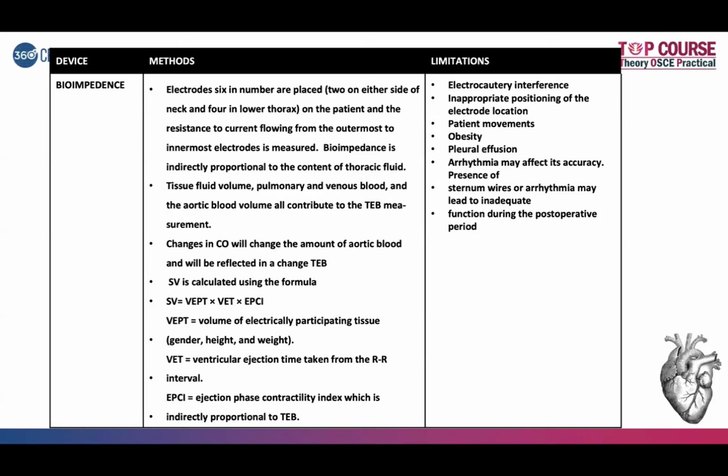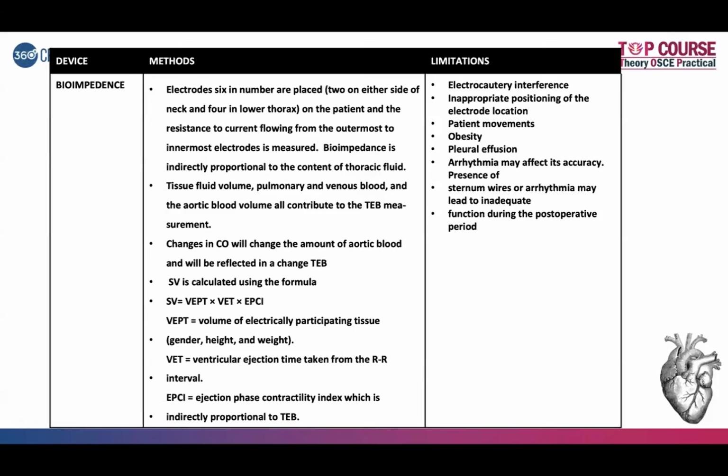So 6 electrodes are placed across the patient's thorax as innermost and outermost electrodes, and the tissue fluid volume, pulmonary and venous blood volume, aortic blood volume, all contribute to the bioimpedance. So changes in the cardiac output will change the amount of the aortic blood, and it will be reflected in the bioimpedance.